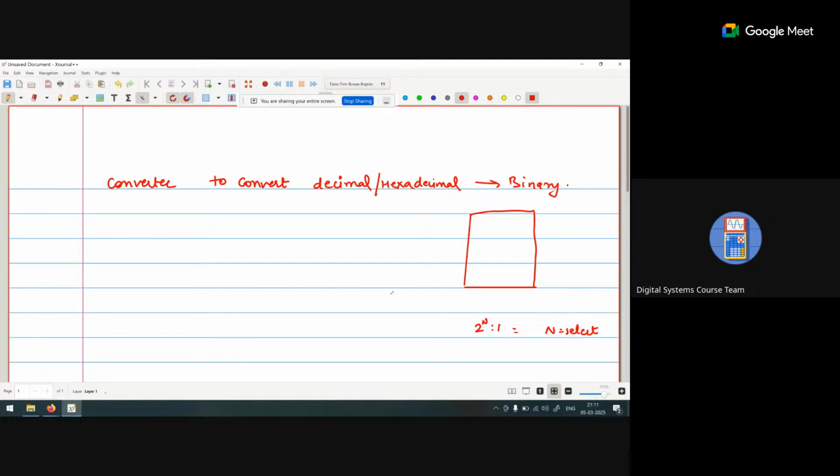This is the case for multiplexers. Now, if you are talking about the encoder, the encoder is 2 raised to power n : n.